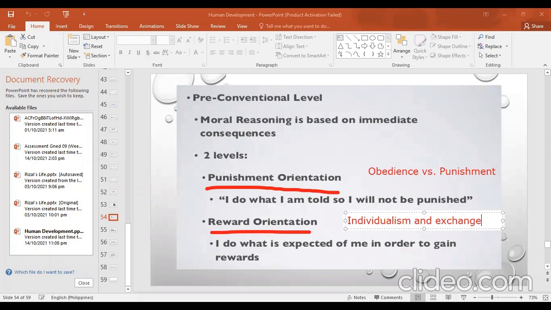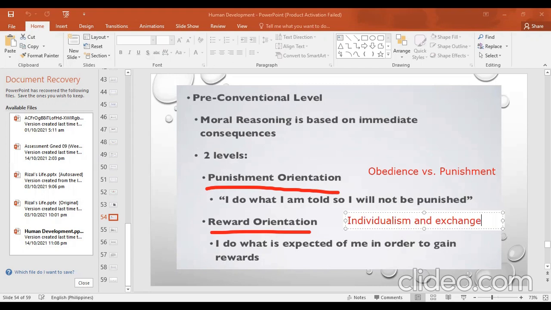in individualism and exchange, gagawin ko yung expectations mo in order for me para bigyan mo ng reward or para i-praise mo ako. Okay? So in short, gagawa ako ng isang bagay kasi may kapalit.